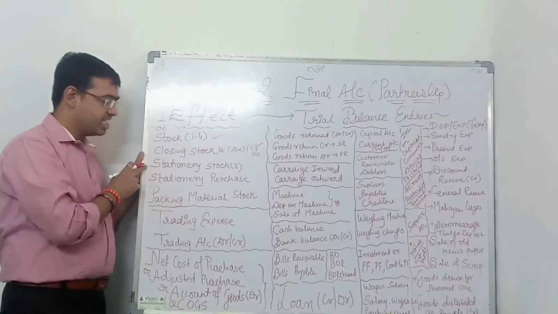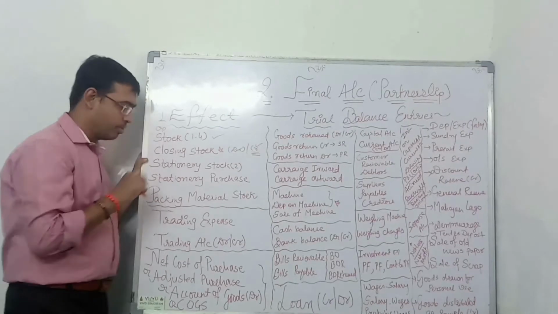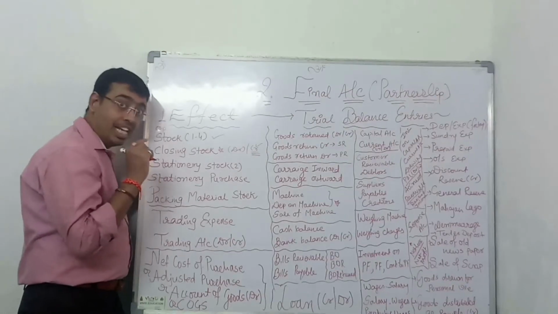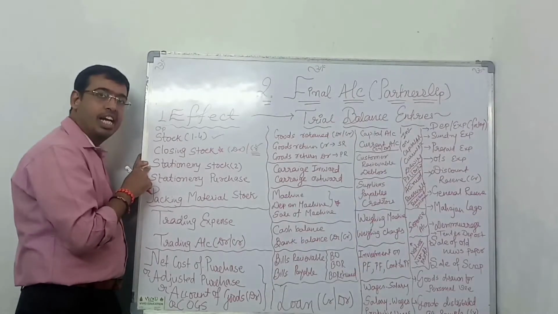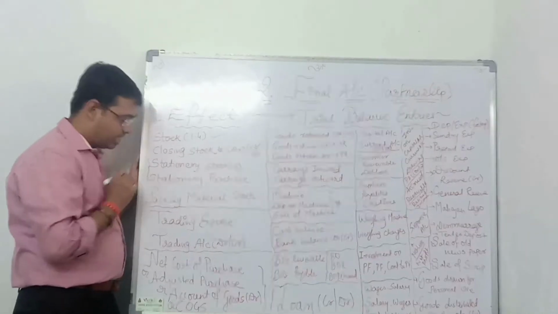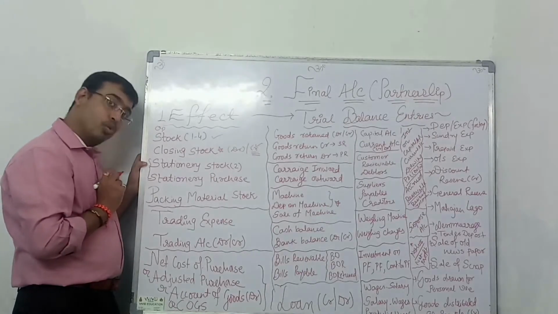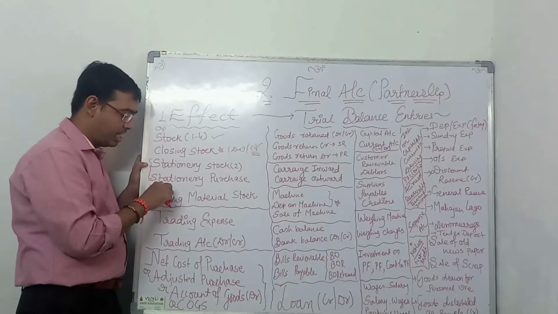Stationery stock is written in two ways. If only stationery stock is given, then you will write it in the balance sheet asset side. If stationery stock and stationery purchase are given together, then you will write in the P&L account.